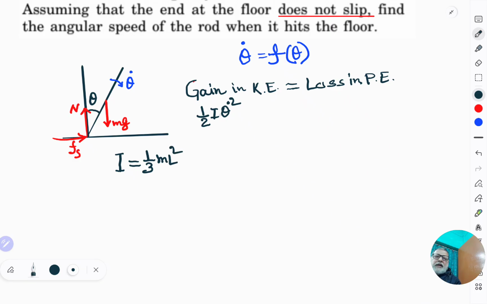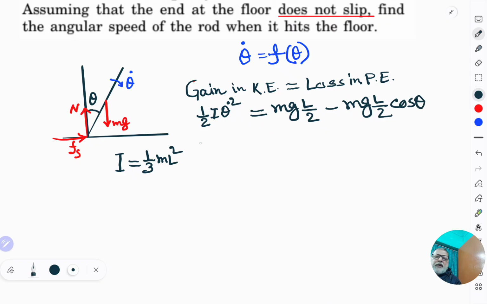So gain in kinetic energy is half I theta dot square, and that is equal to loss in potential energy, and any loss is initial minus final. So initial potential energy is mgl by 2 minus the final potential energy is mgl by 2 into cos theta.